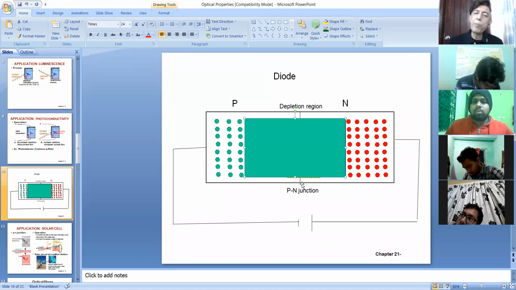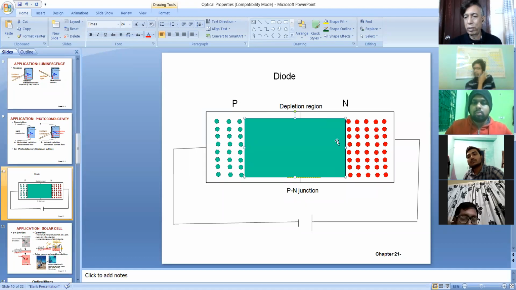Now, the depletion region becomes large. In this depletion region, there are only silicon atoms, nothing else.